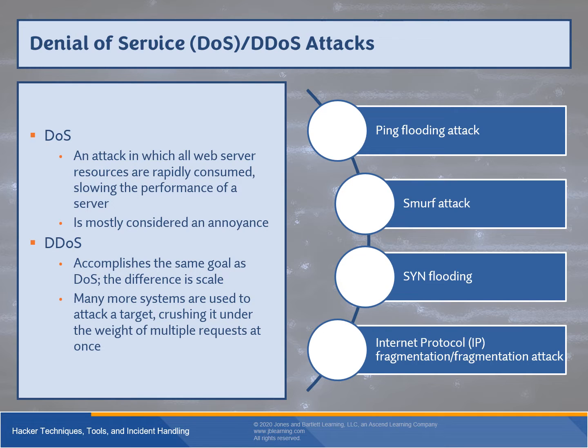So we have a far larger number of systems trying to smack the target with a particular amount of data to cause it to go under. It's much easier to do with DDoS than DOS. It takes a lot more coordination, but the hit is much more productive for the attacker.